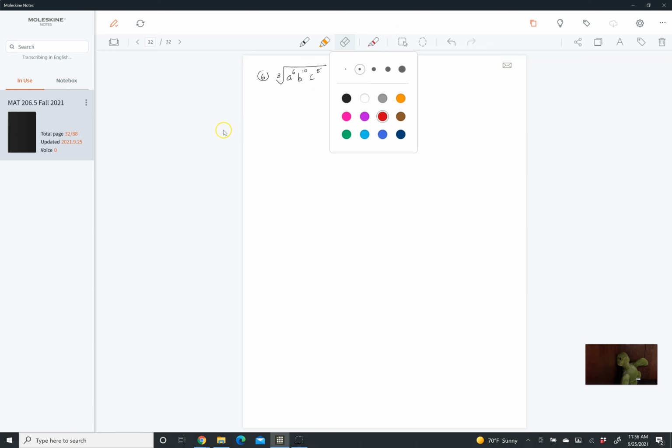Root where it's perfect cubes, and then whatever is left over. And I would do this one letter at a time, one variable at a time. So your first one, these are going to be your perfect cubes. And then this is just what's left over.